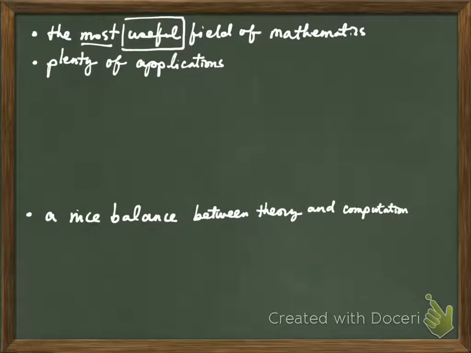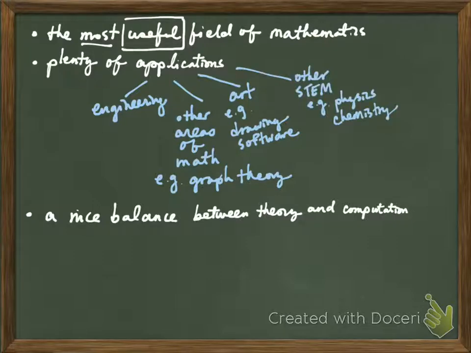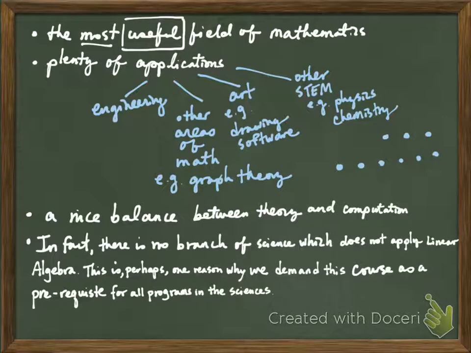It is used in engineering, other areas of mathematics such as graph theory and stochastic processes, digital art such as popular drawing software like Adobe Photoshop, and other scientific disciplines such as physics and chemistry. The list goes on and on and on. In fact, there is no branch of science which does not apply linear algebra. That is perhaps why we demand this course as a prerequisite for all programs in the sciences.